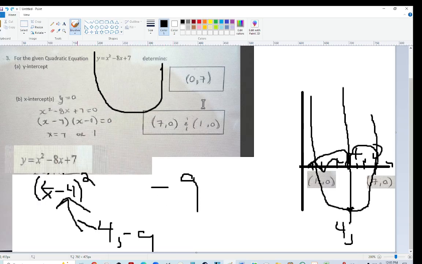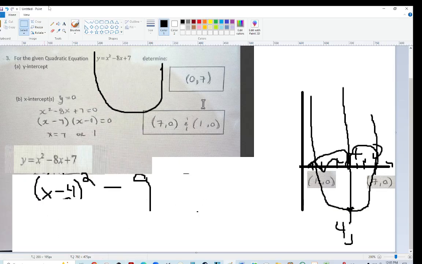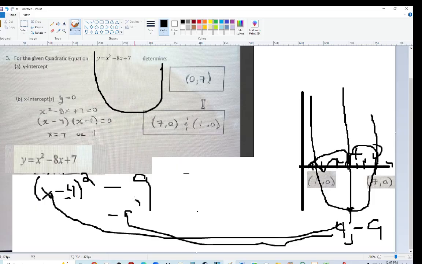So that's when we plug 4 into this formula, which is now the completed square, x minus 4 squared minus 9. If we put a 4 into this formula, this bracket becomes 0. 0 squared is 0, and we're left with minus 9, which is the value right up here. In other words, when x is 4, y becomes minus 9, because all of this is equal to y.